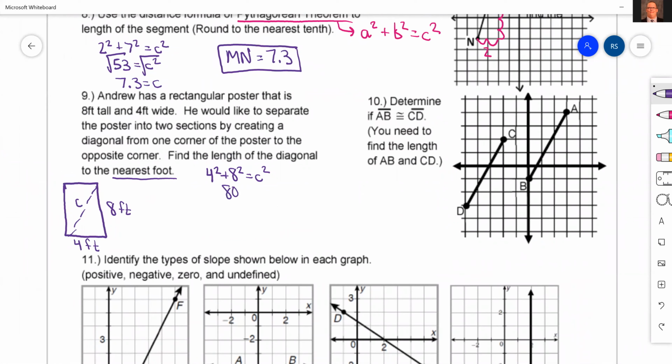So 80 equals C squared. Take the square root of both sides, and you'd get like 8.9. But since they want it to the nearest foot, we would have to say 9 feet.